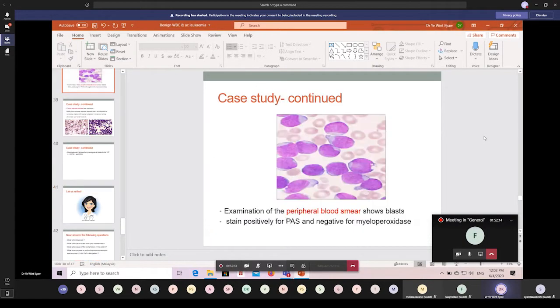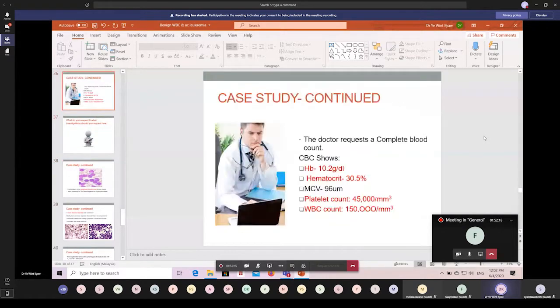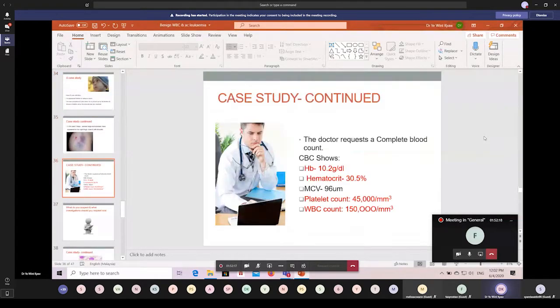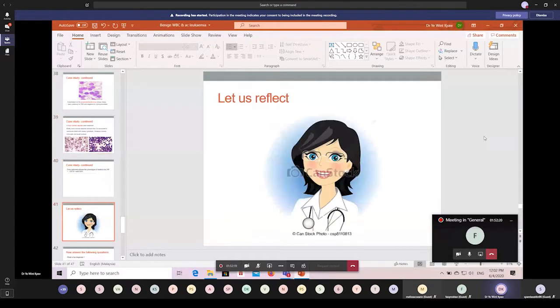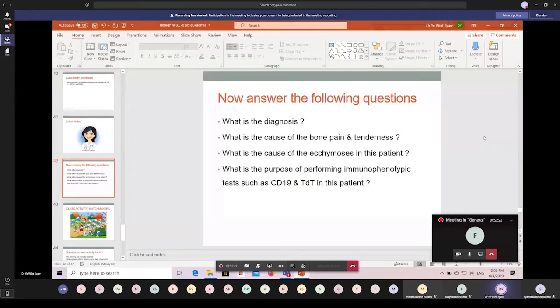If I want to ask with a scenario, I can ask like this. I just give the clinical features and investigation results. This is a level 4 question, quite a high question. But it will be difficult if you don't understand leukemia very well.